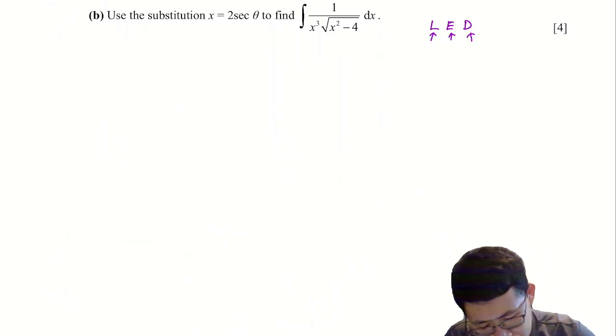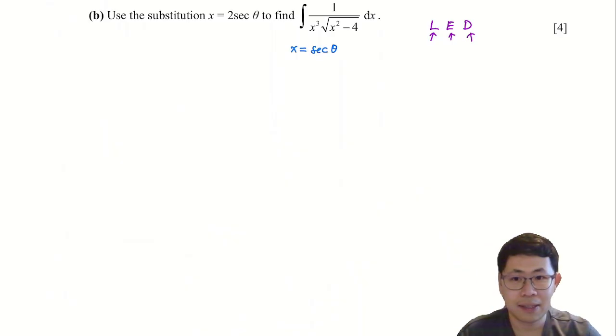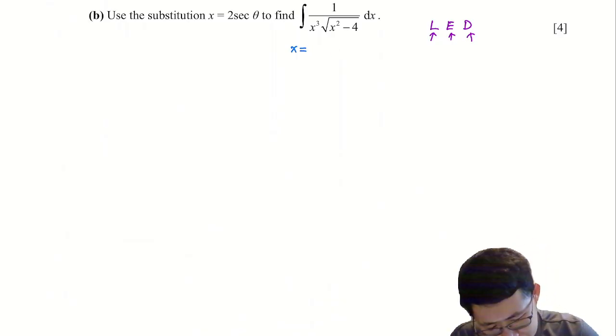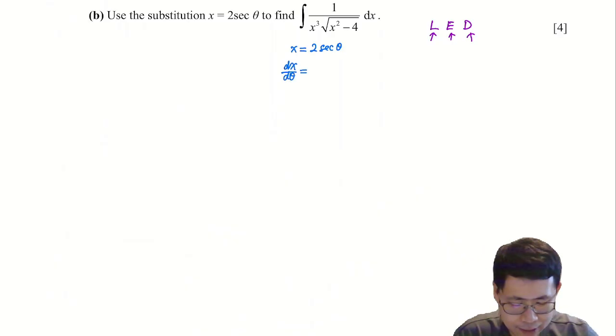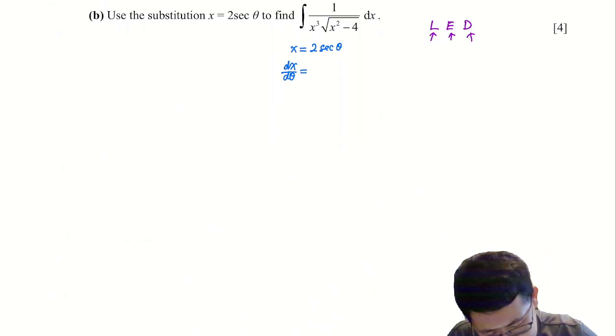Okay, so let's start with x equals 2 secant theta. So this is where I'm starting off with. I want to do dx d theta, so let me differentiate this one time so that I can put in the differential. Differentiate secant, I will get secant and tangent.